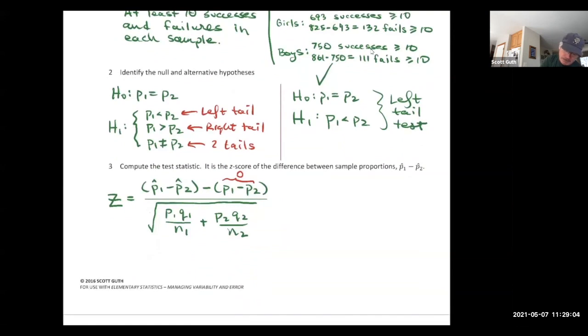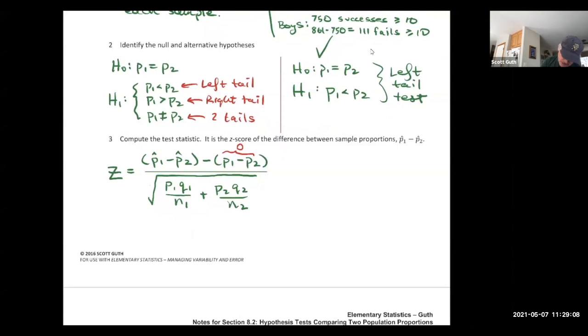So since the population is supposed to be the same, let's combine the samples. P bar is what we're going to use instead of P1 and P2. I'm going to put in a P bar, and why not have a Q bar on both of these?